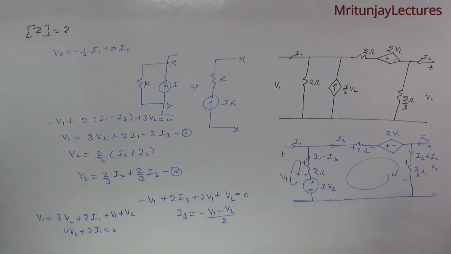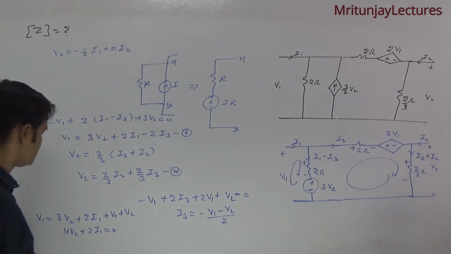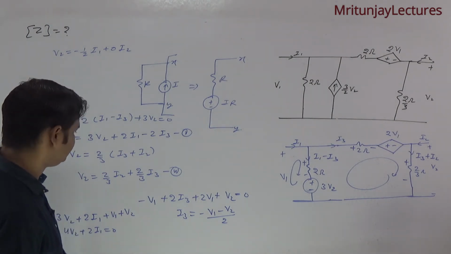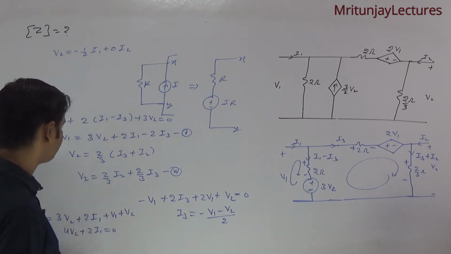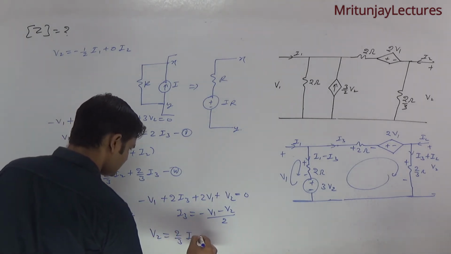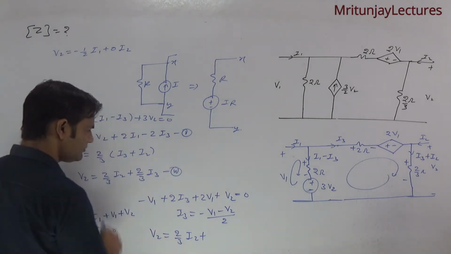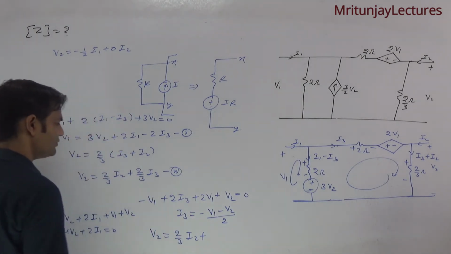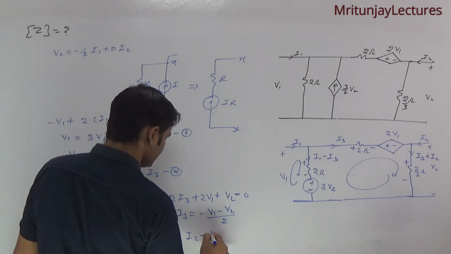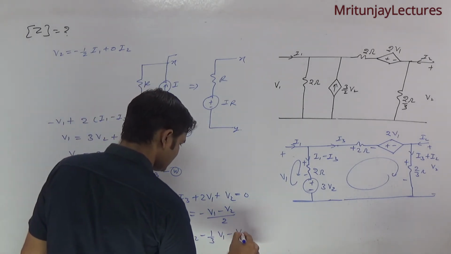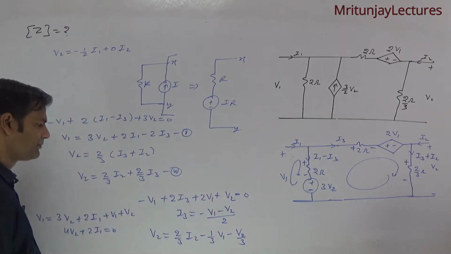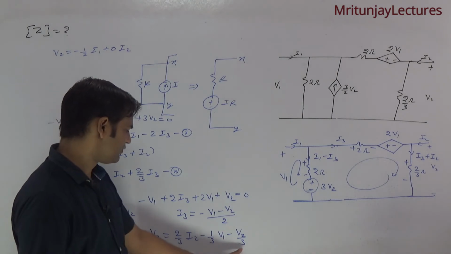Now our next target: V1 in terms of I1, I2. If this value is put here, then we get V2 equal to 2 by 3 I2 plus, minus 2 cancels, minus 1 by 3 V1 minus 1 by 3 V2.